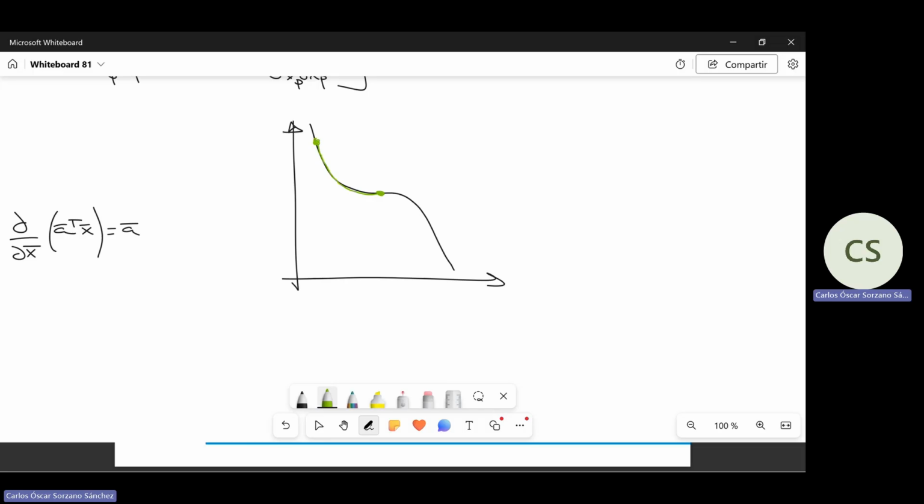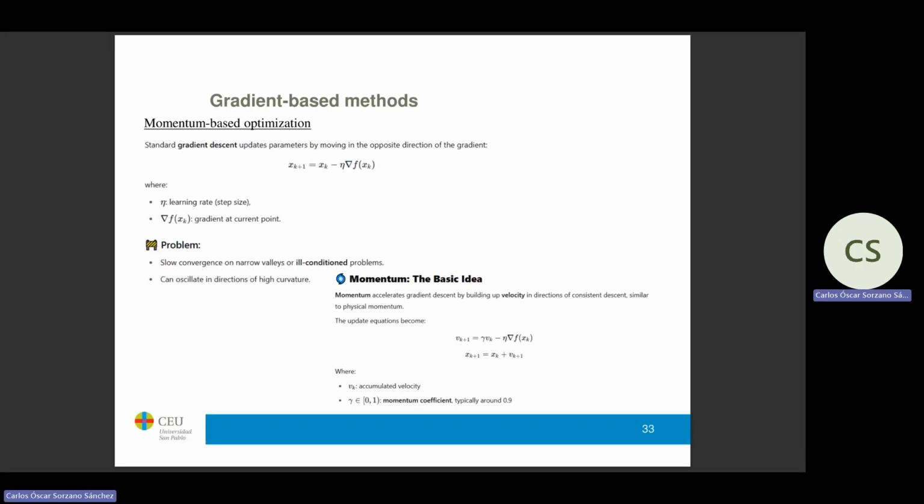Just with the gradient, we cannot move because the gradient doesn't change there. But you have some velocity. So you will keep moving in this direction, and at some point you will get away from the saddle point. So these are very good for getting away from saddle points, and again they are very much used.